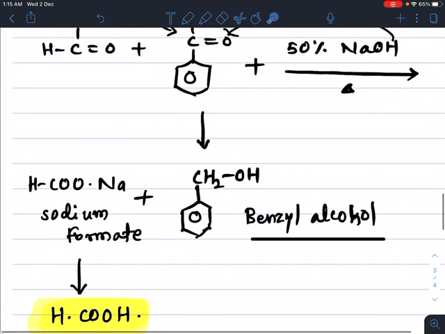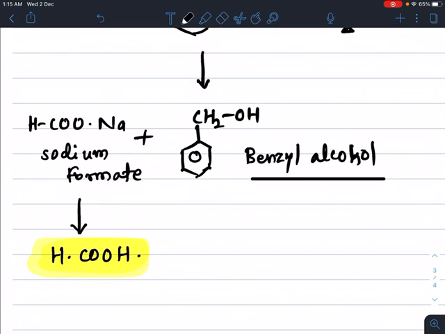Further acidification gives formic acid.